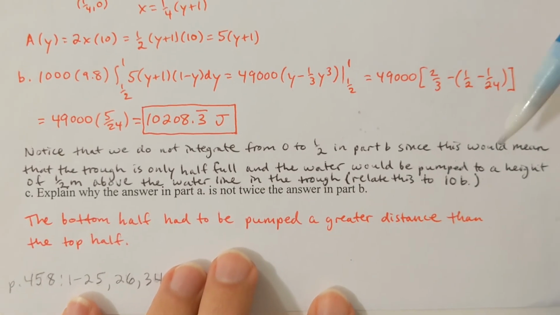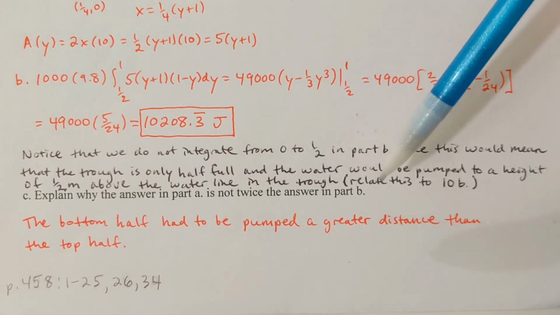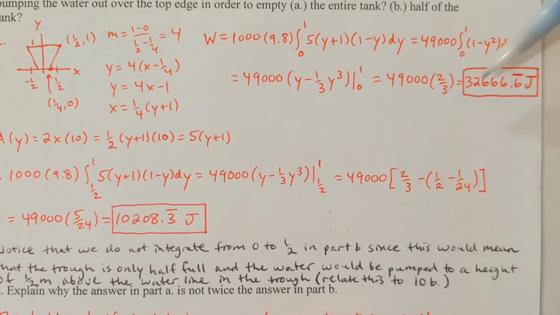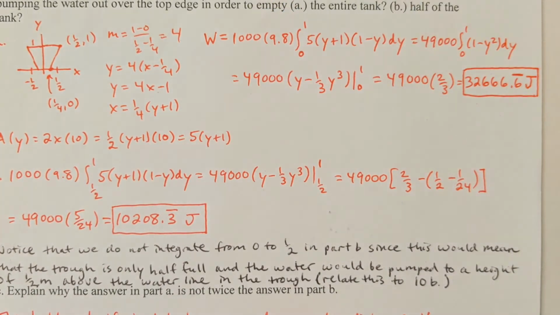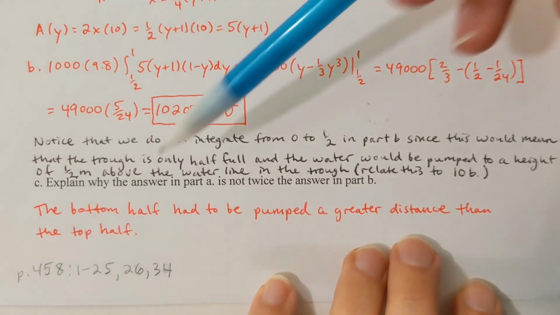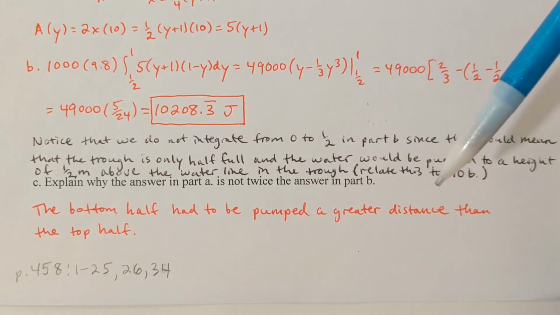Now in Part C, explain why the answer in Part A is not twice the answer in Part B. So how come this answer here in Part A is not just twice the number that you see there? Well, the bottom half had to be pumped a greater distance than the top half.